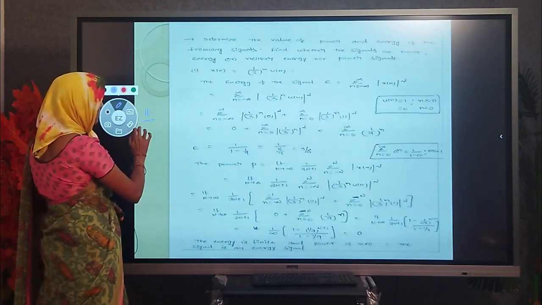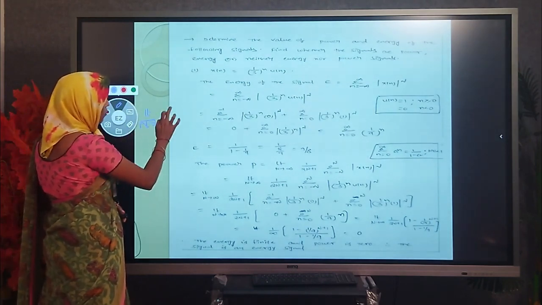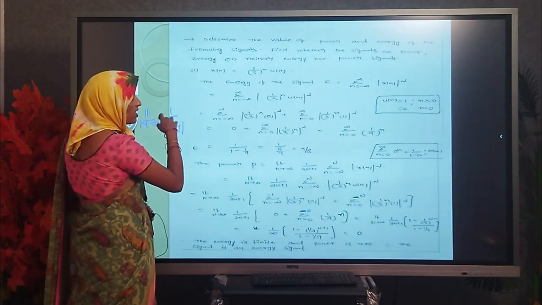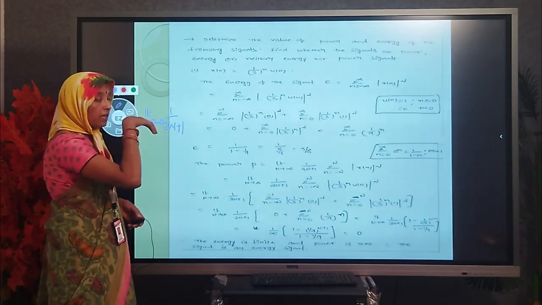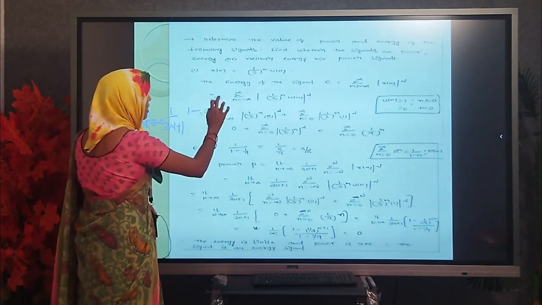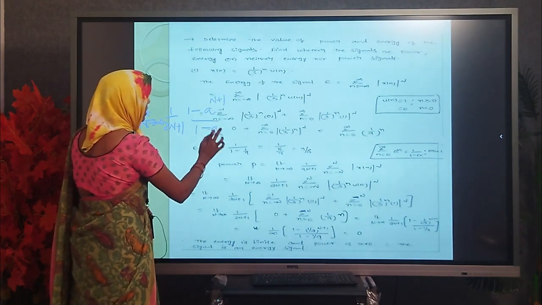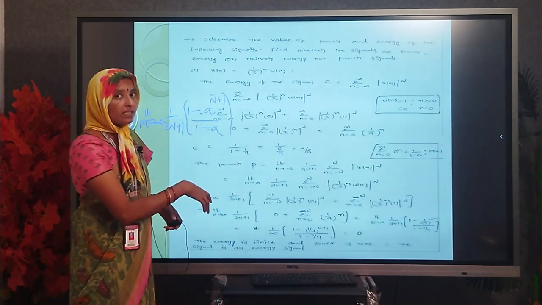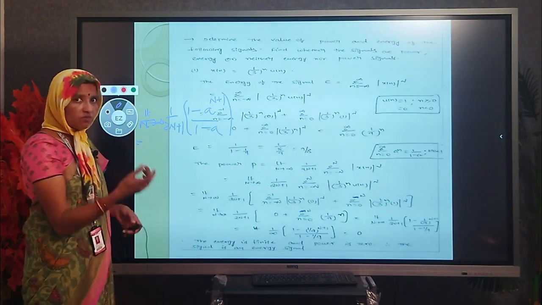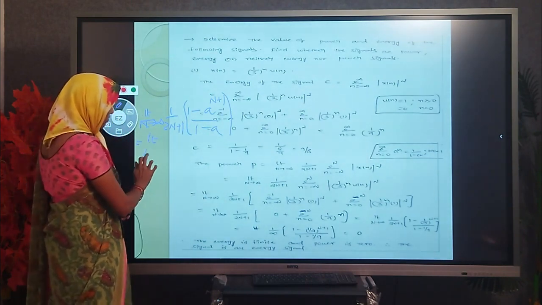Limit n tends to infinity 1 by 2n plus 1 summation of n equal 0 to n a power n equals 1 minus a power n plus 1 by 1 minus a, if a is less than 1. Our a is 1 by 9, that is 1 by 3 whole square, which is 1 by 9. Simply we will use this formula.